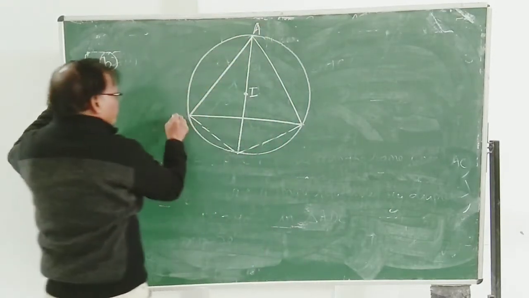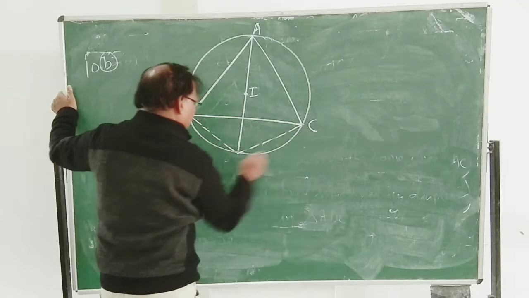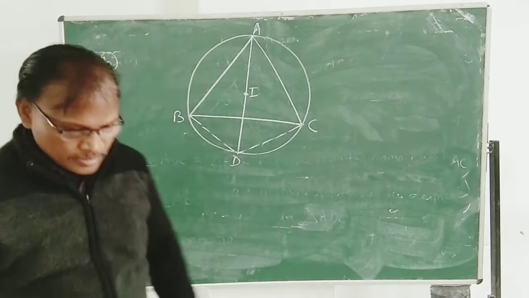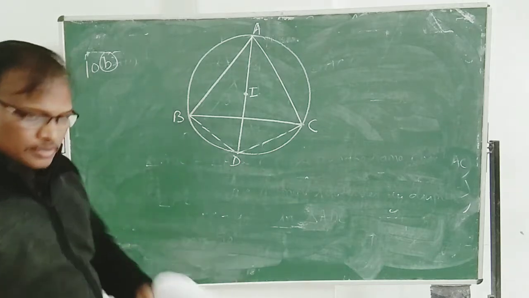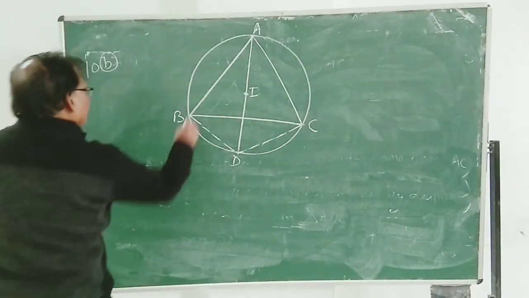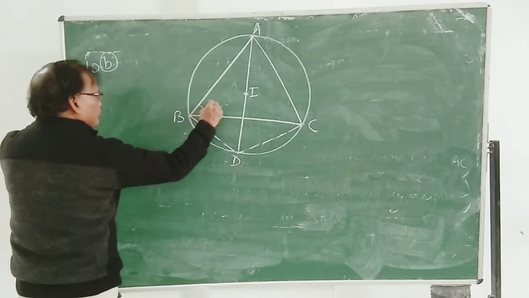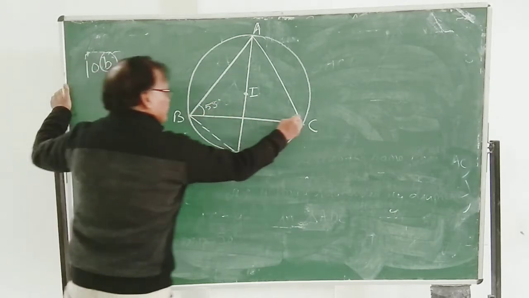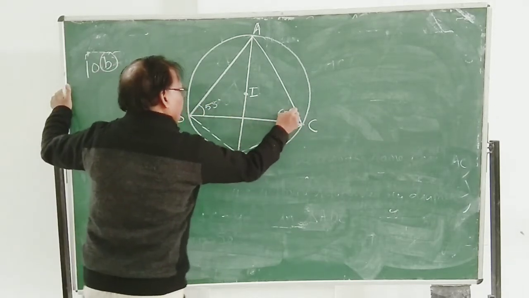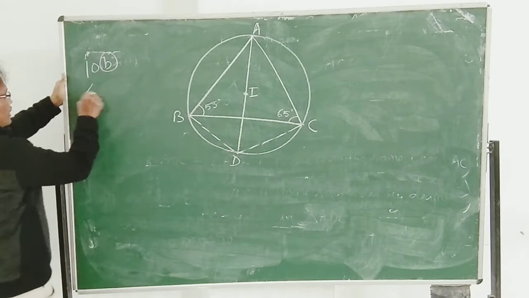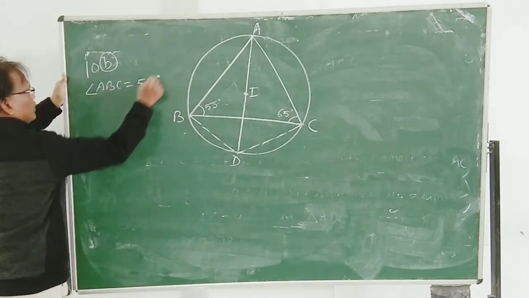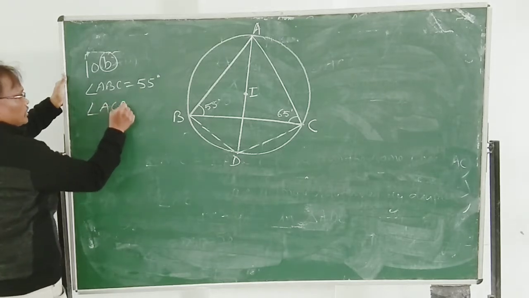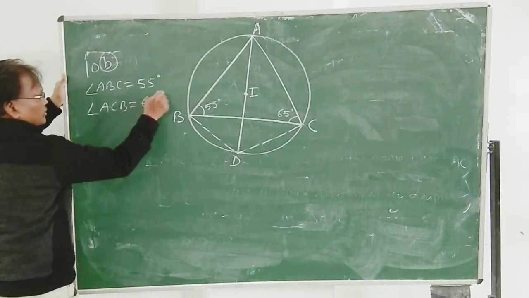A, B, C and D, and this angle is 55 and this angle is 65. Angle ABC is 55 and angle ACB is equal to 65.